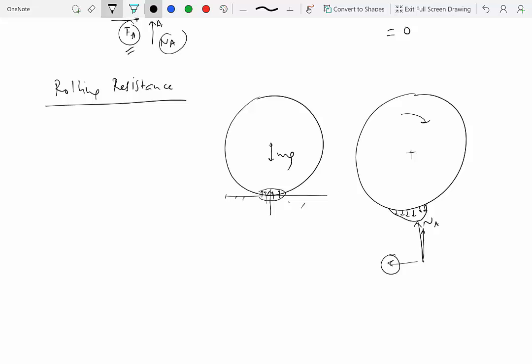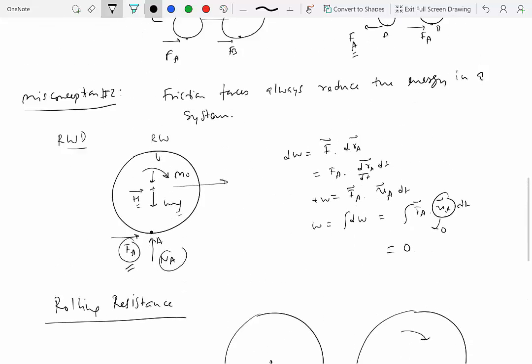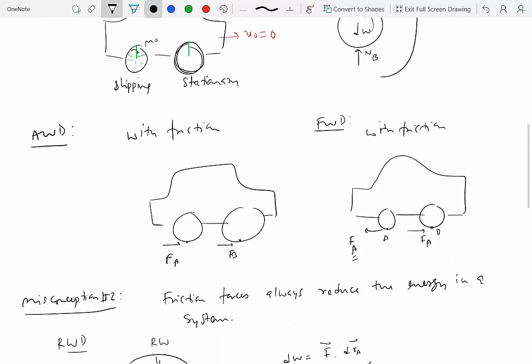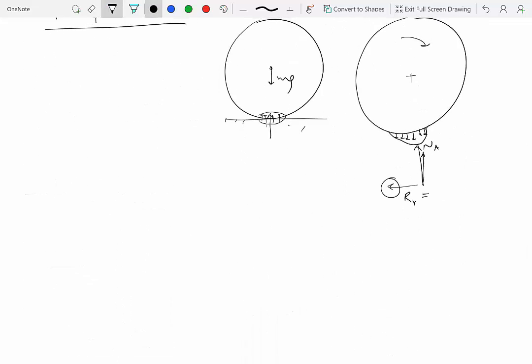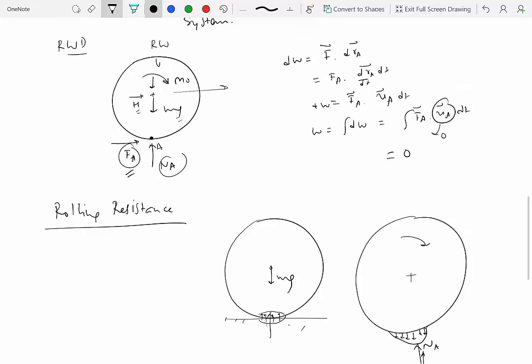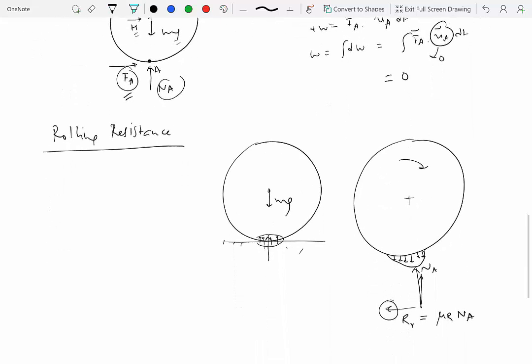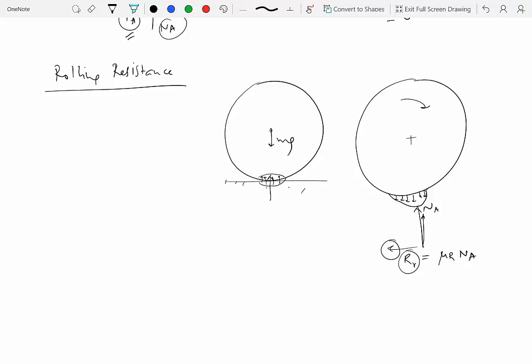So notice how this rolling resistance, let's call it R_R, is different from the friction force acting on the rear wheel. And this rolling resistance is mu_R, another coefficient, just like you have mu_S and mu_K, but you've probably never seen mu_R. Mu_R is generally much, much smaller than mu_S, times the same normal reaction that you have over here. So rolling resistance should not be confused with the friction forces. Rolling resistance can give rise to losses because it arises from the deformation as well as the hysteresis losses.